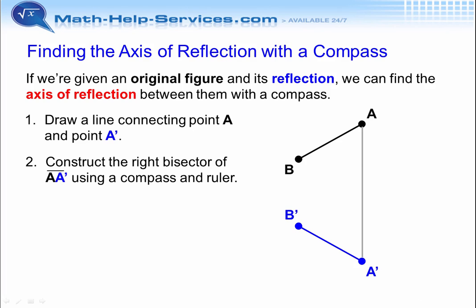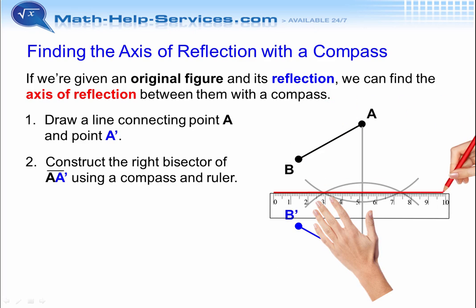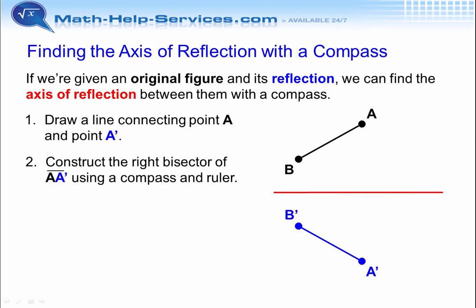To do that, we use our compass, drawing an arc from point A, going through the line, and then not changing our compass, we draw an arc from A'. And where those 2 arcs intersect, we can draw a line through those points. And now this is line S, the axis of reflection.